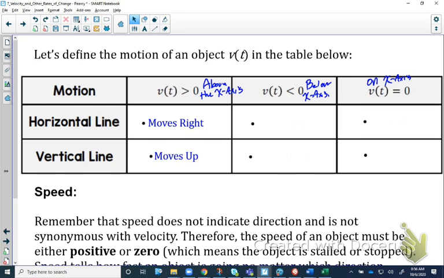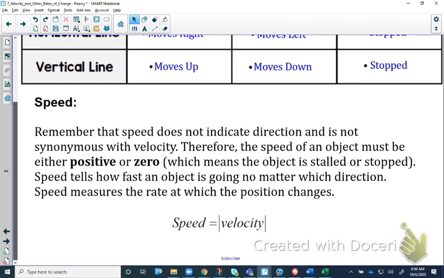So the converse of that, if your velocity is putting you in the negative portion of the bottom half of the graph, that means you're going to move left or move down. Now, if your velocity is 0, that means you are stopped. If your velocity is 0, you are not moving anywhere.